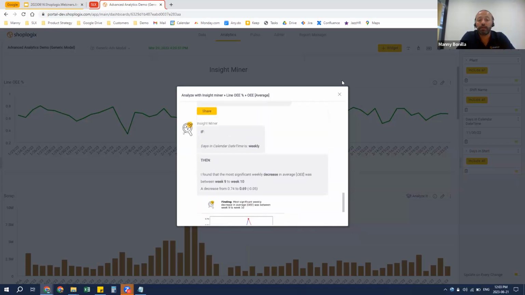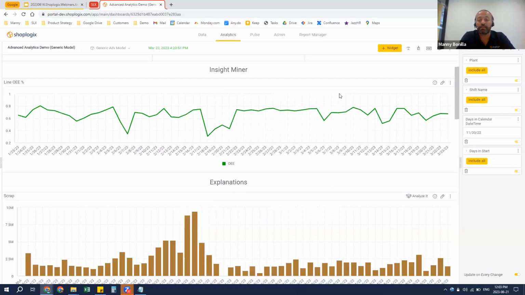So as you can see, with a well-designed data model, which, as I mentioned earlier, Shoplogix is really focused on making sure is excellent for finding insights, the same data that any expert user of analytics that understands an OEE report can then drill into, whether it's shift-based, day of week-based, or machine-based, our insights are going to try to find for you, and avoid some of the work that is spent just data mining.